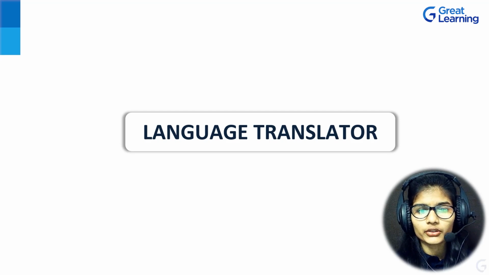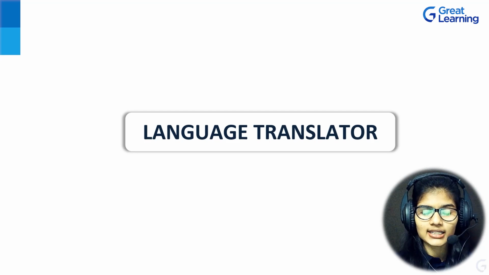Now, the very first thing that I'll be taking you through in this project is what we are going to do here. So in a language translator project, we'll be making a language translator app. In that case, you can write the language in any format. Let's say you want to write some text in English.